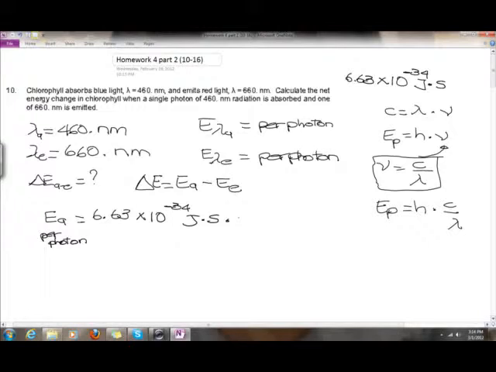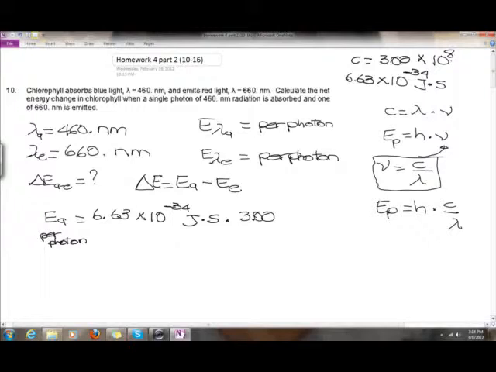That constant, 6.63, multiplied by the speed of light, which is 3.00 by 10 to the 8th meters per second. That's the value the homework is using, so that's the one we should use.